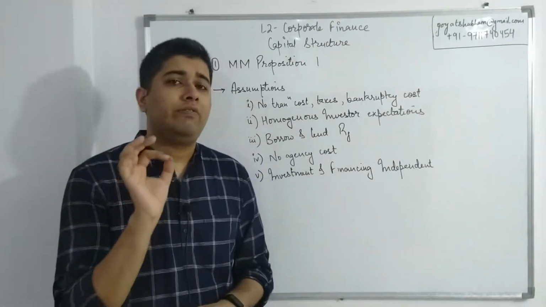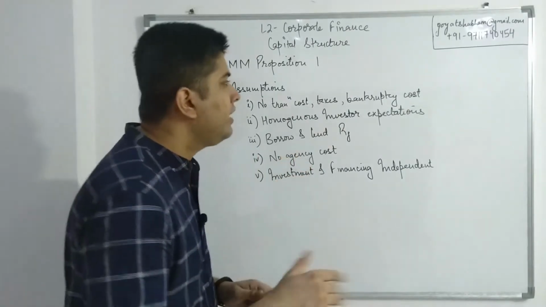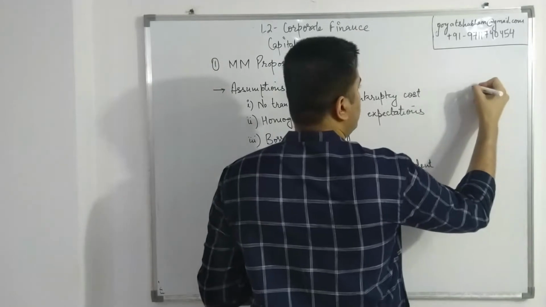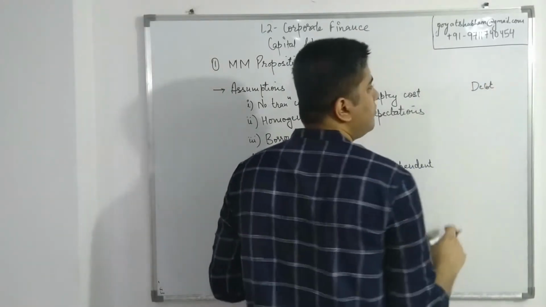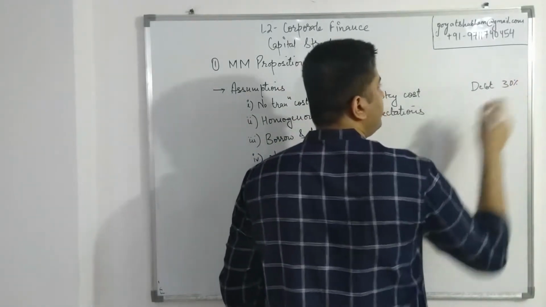Now, this is very important because from level 1, one of the things that we did cover a little bit was that when a company has debt, let's say there is 30% debt in a company.